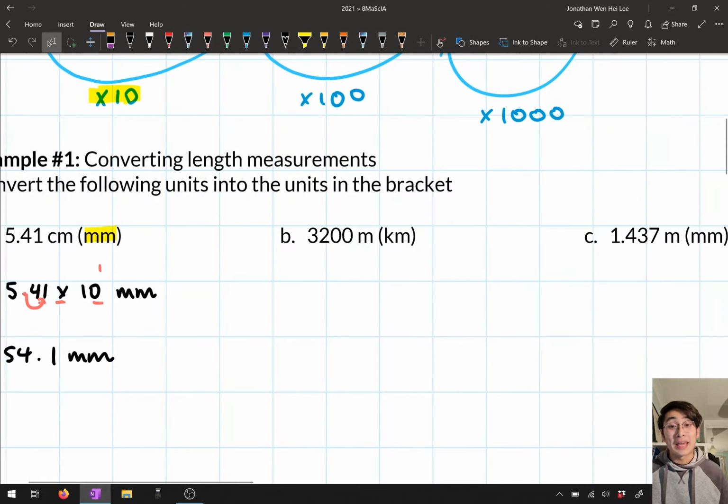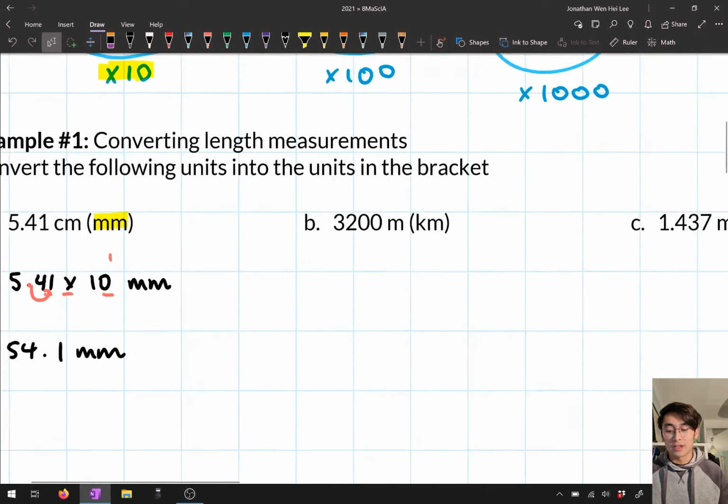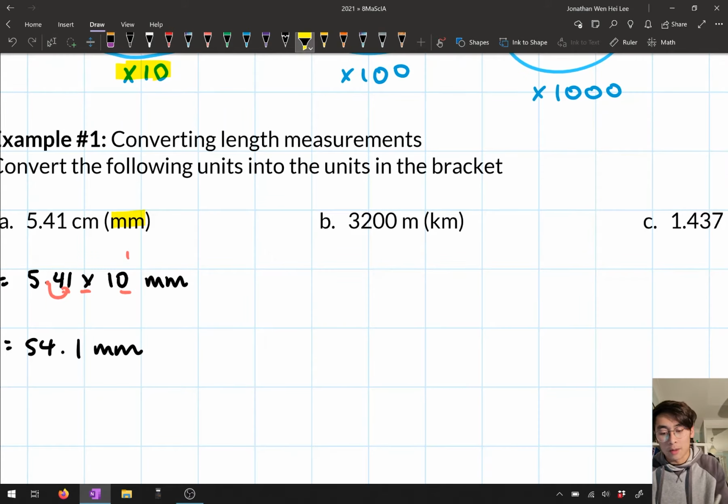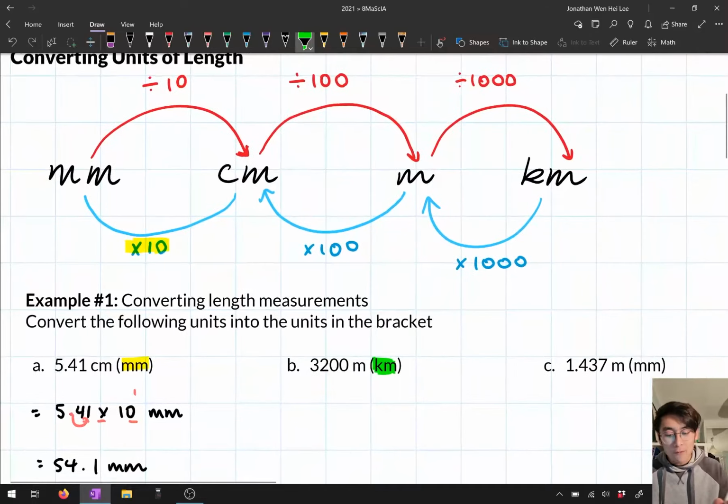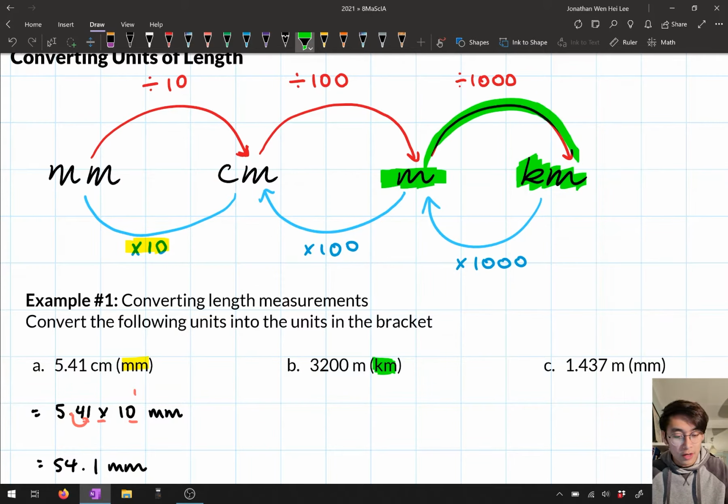This next one, I've got 3,200 meters, and I want to convert that into kilometers. So I'm going to look at my diagram up above. I've got a measurement in meters, and I want to figure out what it is in kilometers. I'm going to go along this arrow over here, and the operation that they tell me to do is to divide by 1,000.